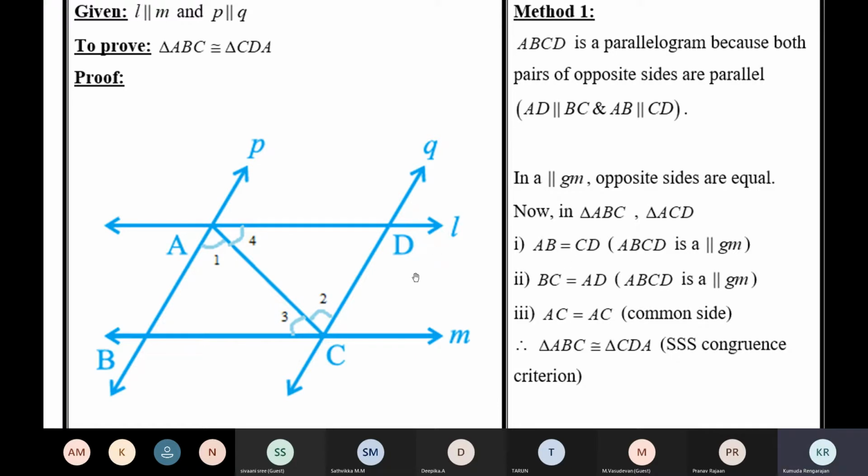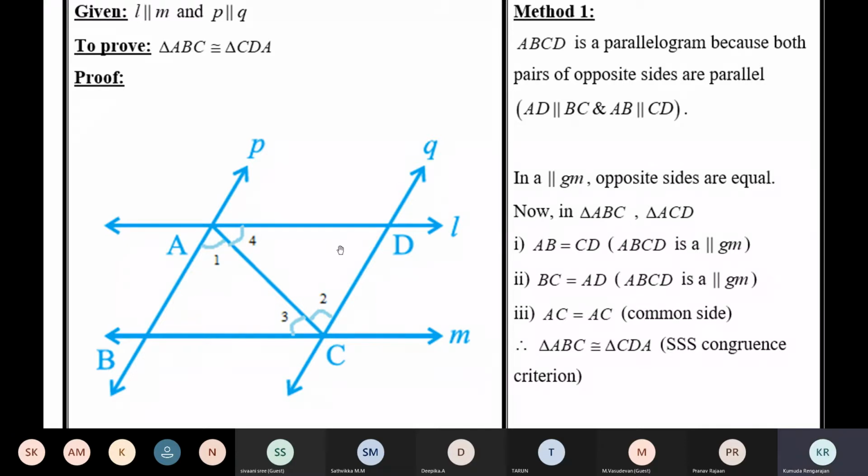Now that it's a parallelogram, it has so many other features. Once you have proved that ABCD is a parallelogram, you can apply all the properties of the parallelogram to ABCD. Now we know that in a parallelogram, opposite sides are equal.